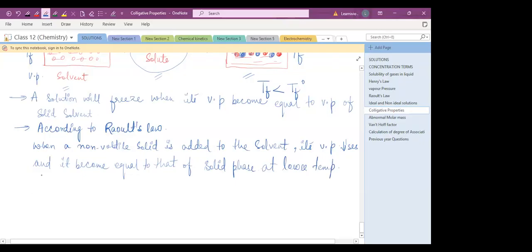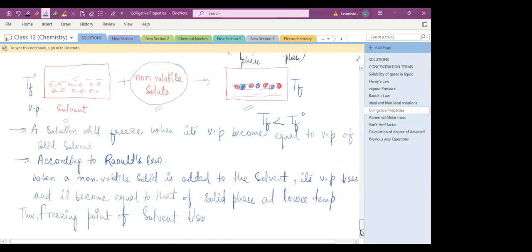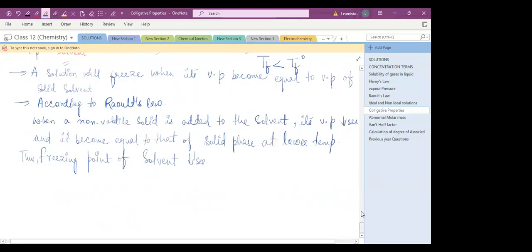And thus the freezing point of the solvent decreases. That's why the freezing point of the solvent is less than that of the solution, right? Because vapor pressure also decreases and it becomes equal to the solid phase, the solid non-volatile particles.